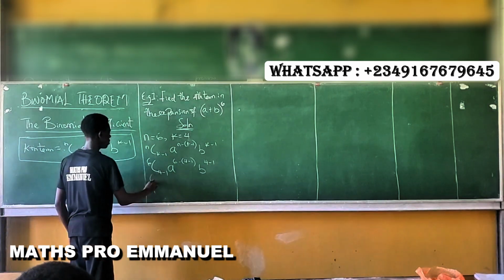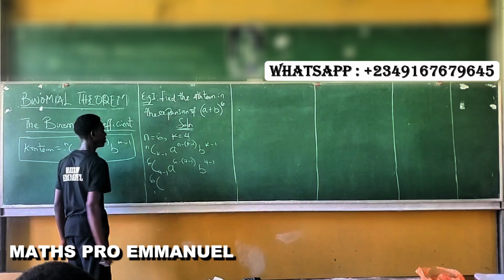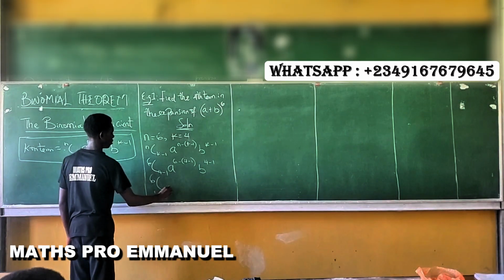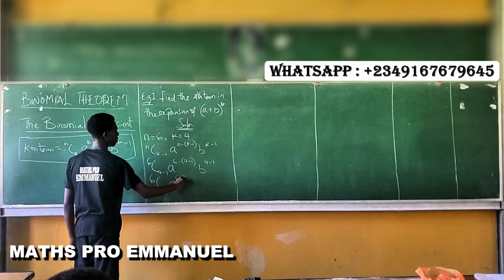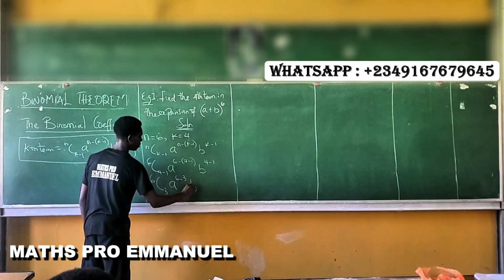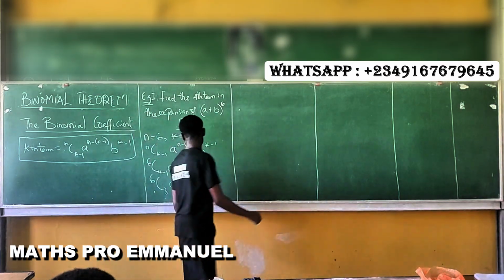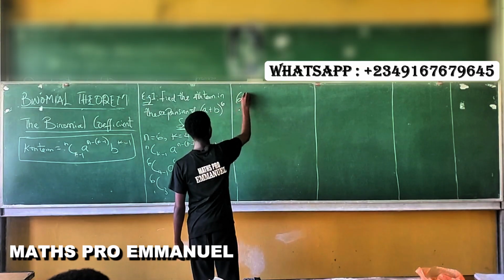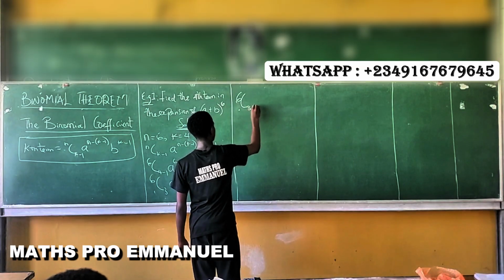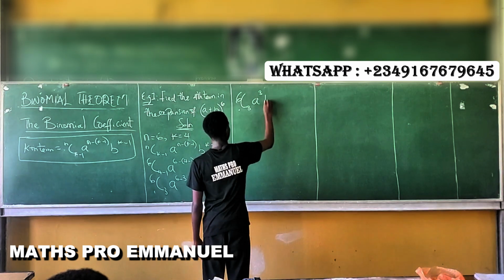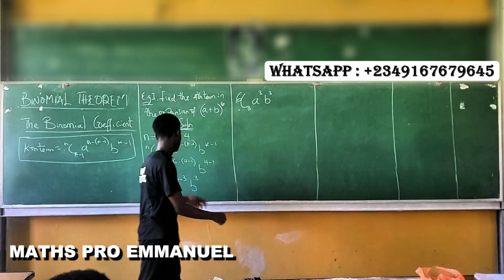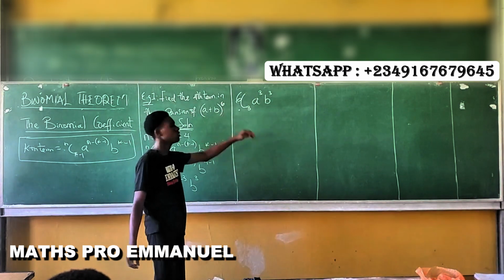So here I have 6 combination 3, since 4 minus 1 is 3, a raised to the power of 6 minus 3, then b raised to the power of 3. So I have 6 combination 3, a cubed, b cubed. That's it. Now, what is 6 combination 3? How will you find it?